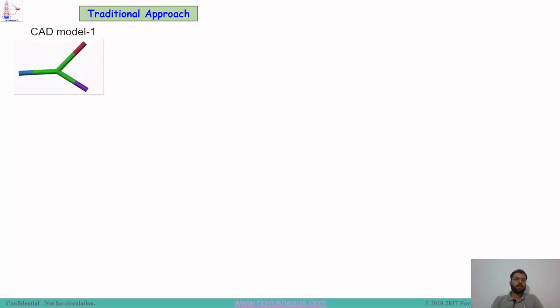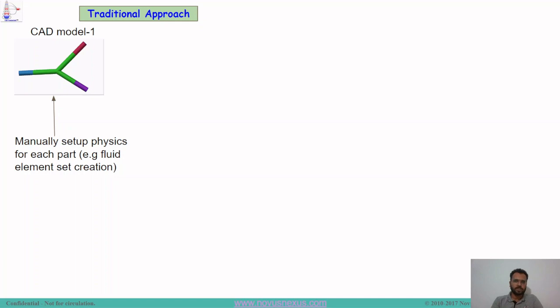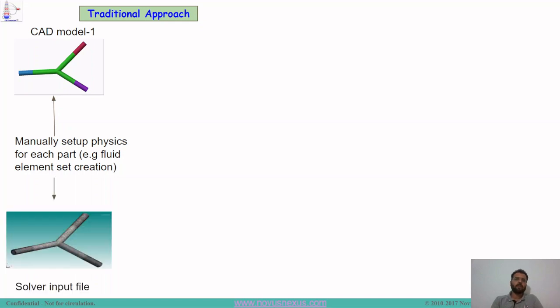Let's quickly compare the traditional approach and the CAENexus approach. In the traditional approach, let's say we have this CAD model 1. The user will manually set up the physics for each part, let's say boundary conditions or cell zone conditions, and he will run the simulation. Suppose there is another CAD, let's say CAD model 2.